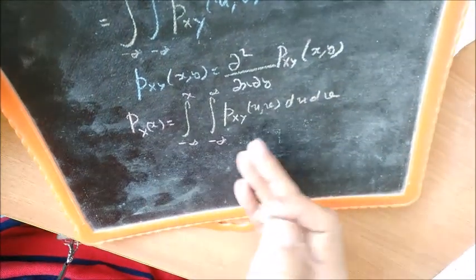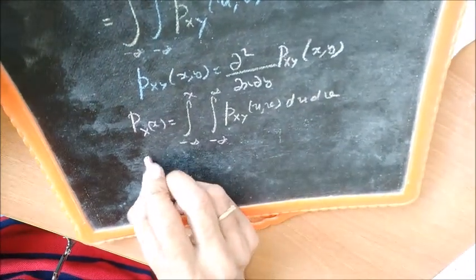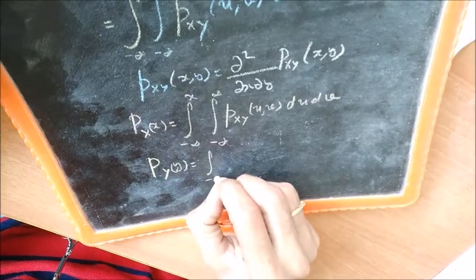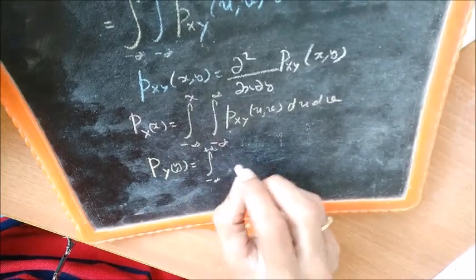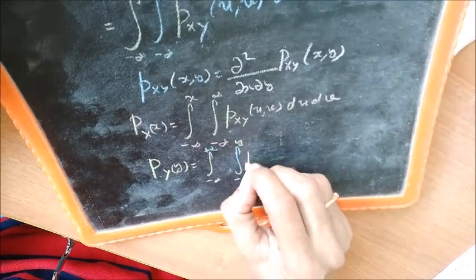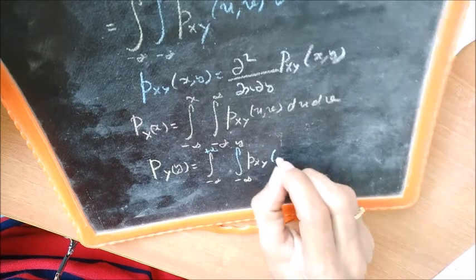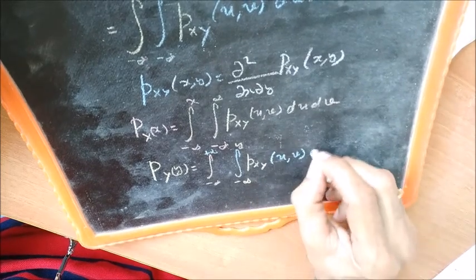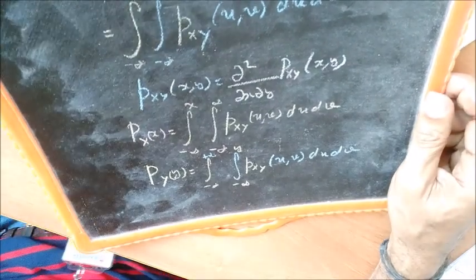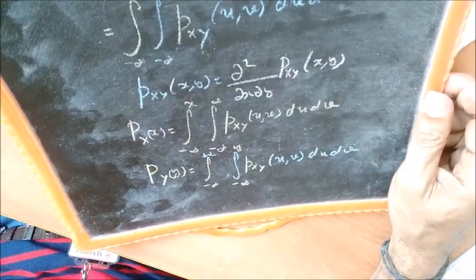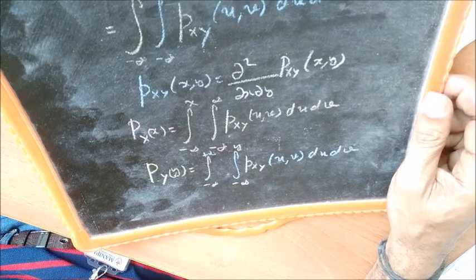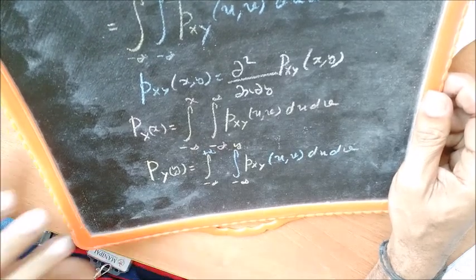And from the joint density function, of course, by the same principle, so these are some, this is an extension of the previously introduced ideas to 2 dimensions. You can extend it to more than 2 dimensions.